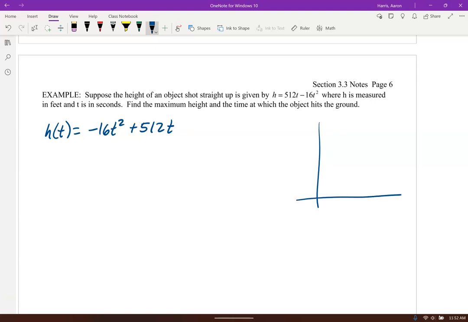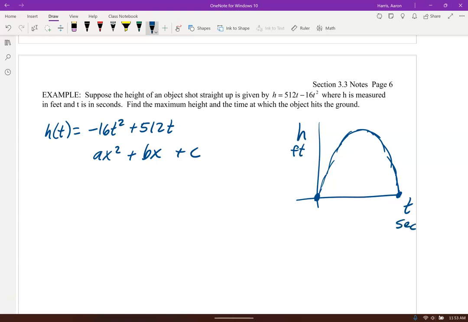If you get a little feel for this, notice our ax squared, I know it's t and h, but our a is negative, and so it's opening down. And at time 0 the height is 0. I don't know where the other time value is that it's 0, but since it's opening down, it's kind of going like this, right? This is the projectile at time t and height h in feet and seconds.